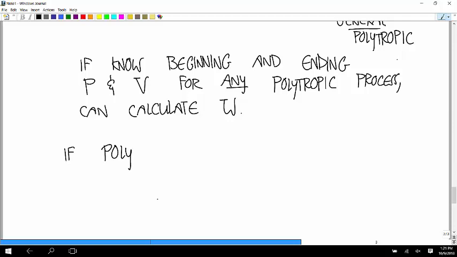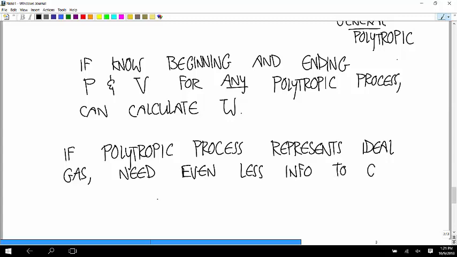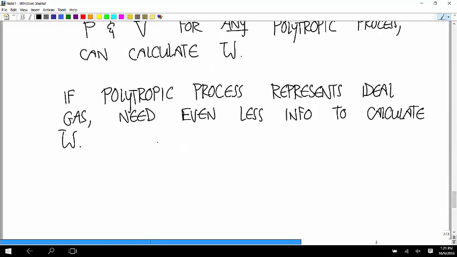So if the polytropic process represents an ideal gas, you need even less information to calculate W. So let's say that N is the number of moles.